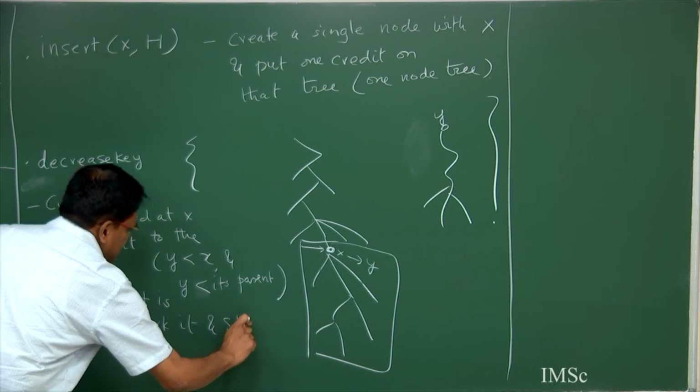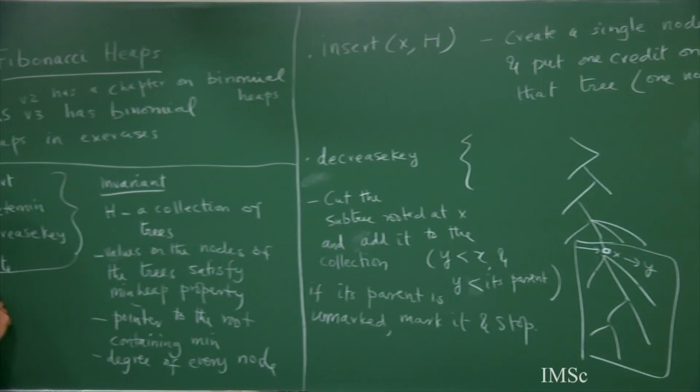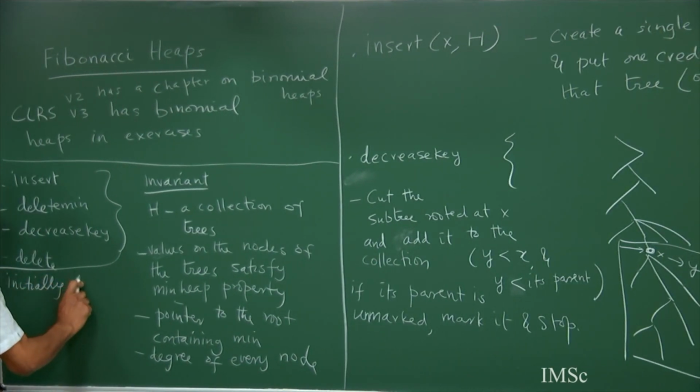So this is the decrease key algorithm. Let me add to the invariant: initially all nodes are unmarked.